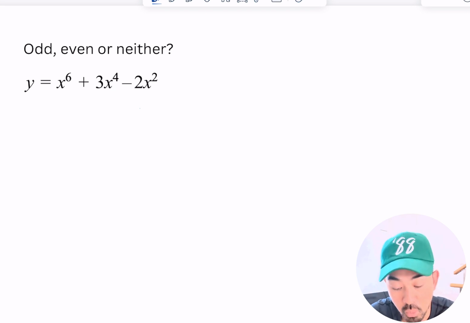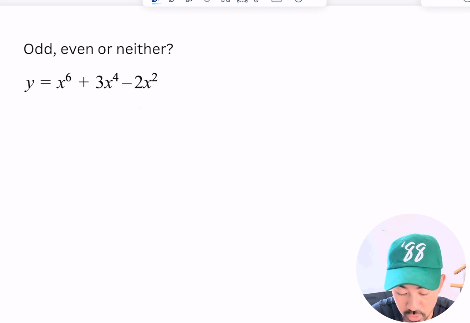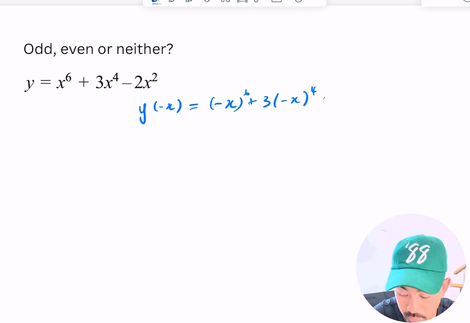So here we've got y is equal to x to the 6 plus 3x to the 4 minus 2x squared. So what we need to do is substitute minus x into here. So minus x to the power of 6 plus 3 times minus x to the power of 4 minus 2 times minus x squared.